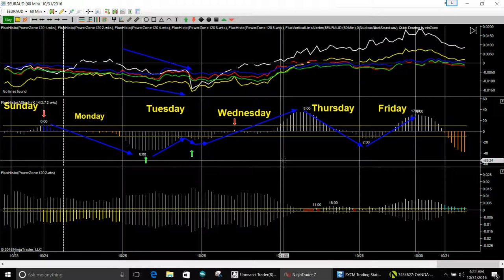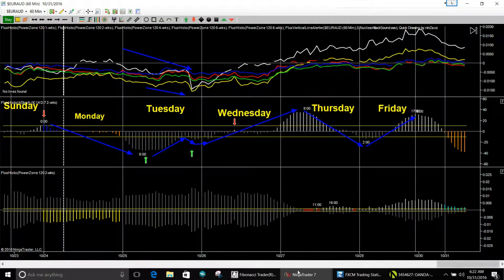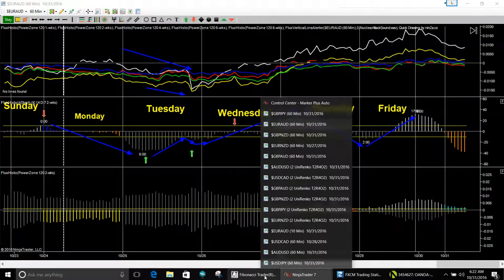So NinjaTrader suggested I just reinstall my platform to wipe out all the errors and reinstall my auto trader. So that's what I had to do, and that's why I missed out on some trades. But the auto trader caught some of the trades while I was working on my platform, getting everything back together.